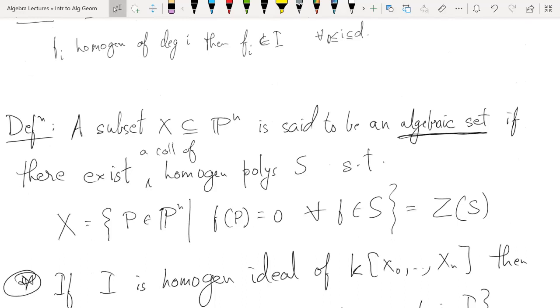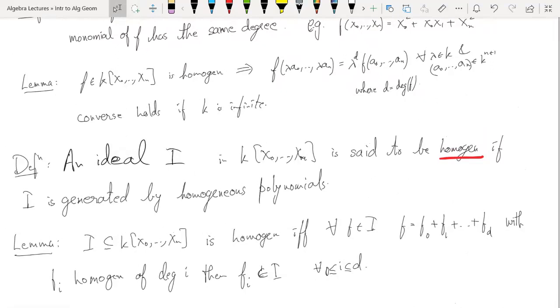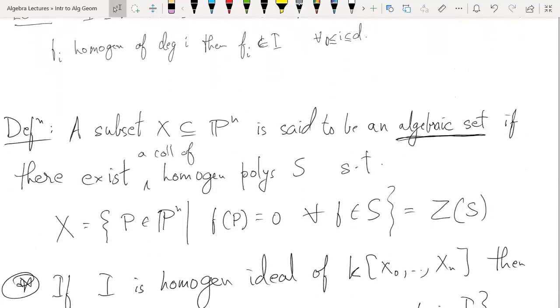So it's lines in A^(n+1). It doesn't matter which non-zero point of that line you take. If f is homogeneous and it vanishes at some point of that line, then it will vanish at every point of that line, because of this property that f of lambda a0 to lambda an is lambda power d times f of a0 to an. So if f of a0 to an is 0, then f of lambda a0 to lambda an is also 0. Okay, so this makes sense.